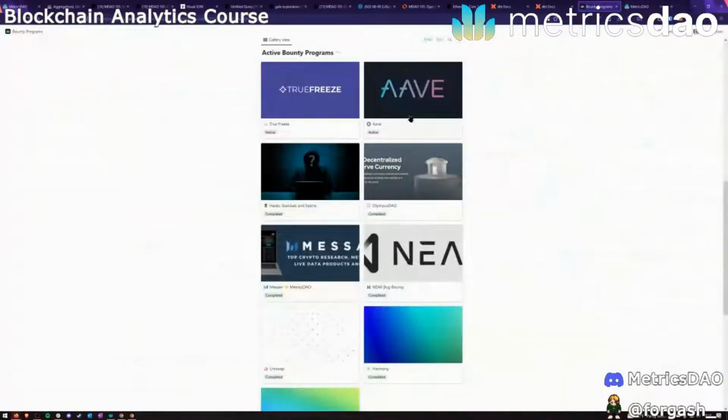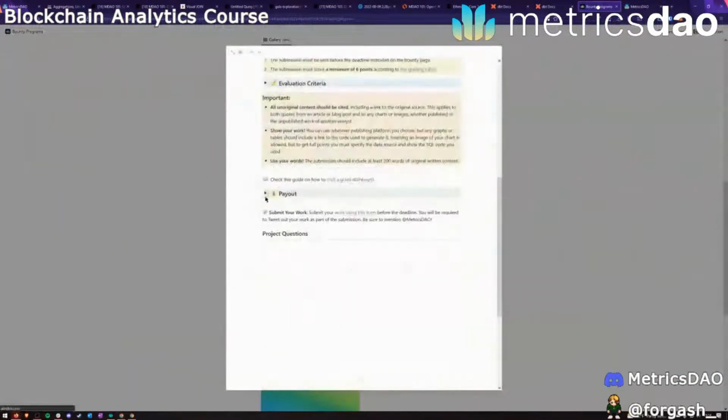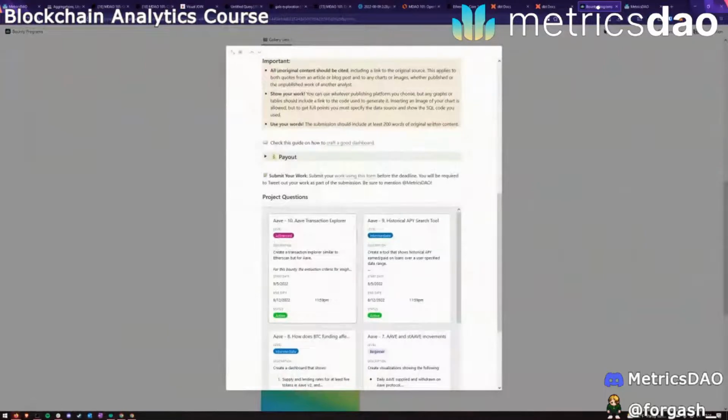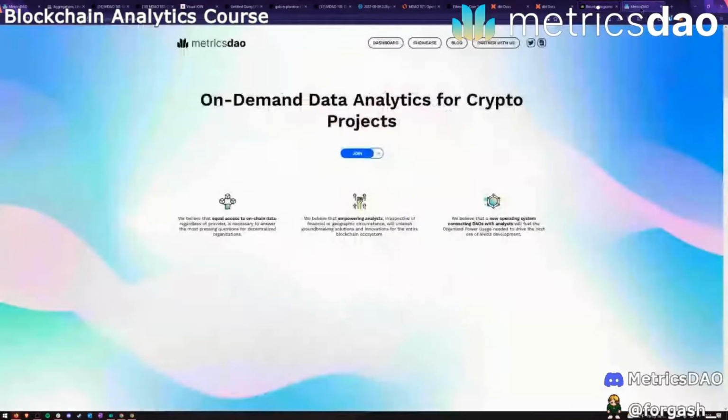If there's one in here that's marked as advanced, you're like, I don't even know where I'd begin with that, but it's interesting. The showcase will have other people's work in here where you can actually go sort through work that was submitted to MetricsDAO and showcased by MetricsDAO. So awesome resources, and that's really what we're striving to move towards, is getting you all ready to be able to answer these questions and build these types of things.